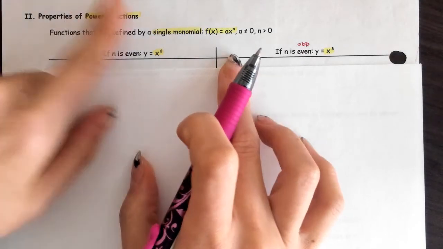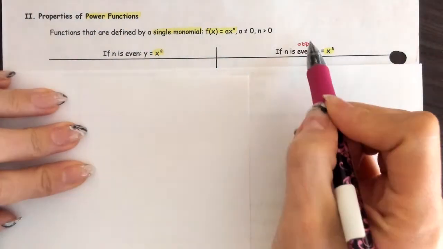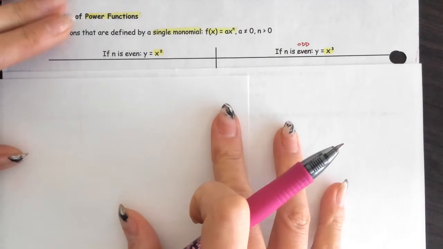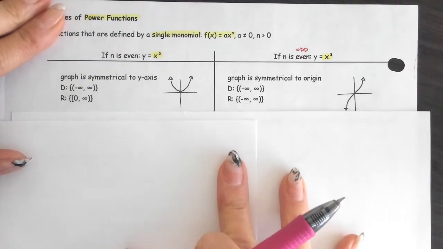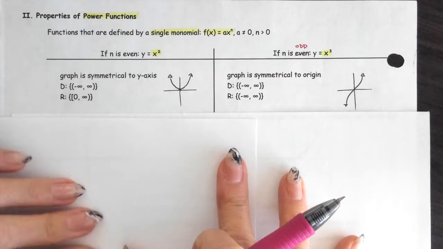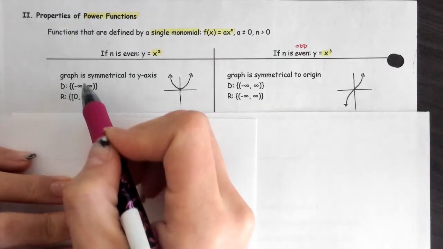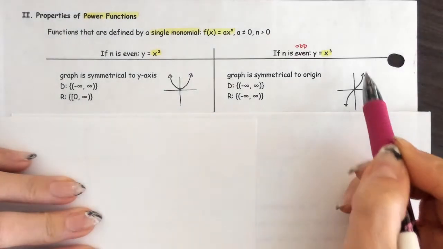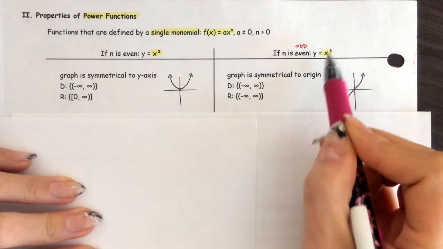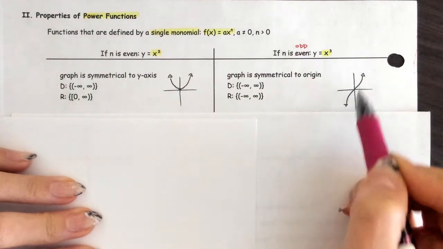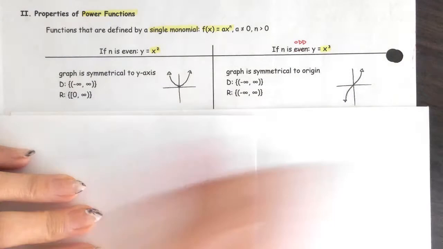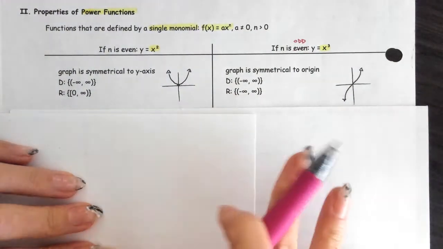Okay, so you highlighted some things, and then yours already says odd, so we don't have to worry about that. Okay, so in general, this is what an x squared looks like, and these are the properties. This is what a perfectly x cubed, 1x cubed looks like, and these are the properties, right? So we should know this already, but I'm just reminding you.